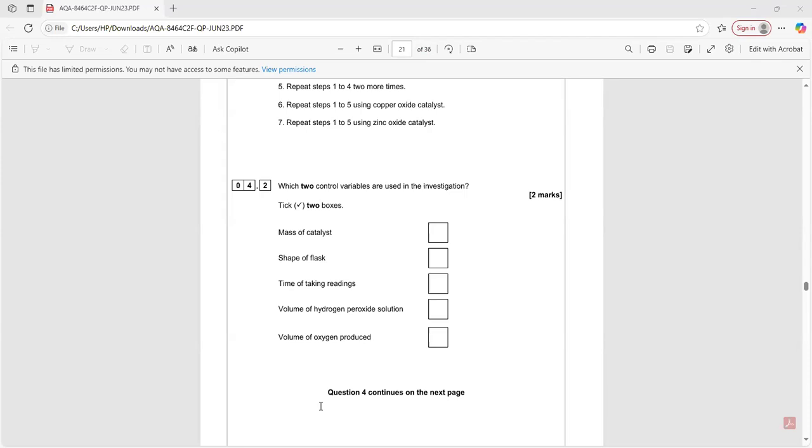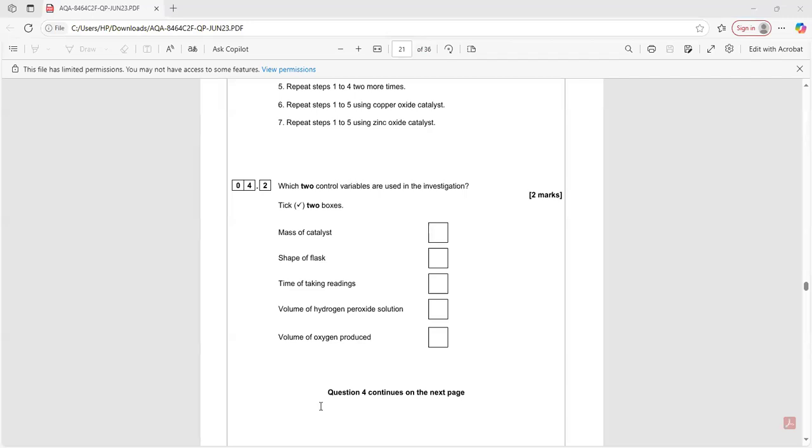Okay. Then the second one would be what? Mass of catalyst. Okay, that's fine. That's true.